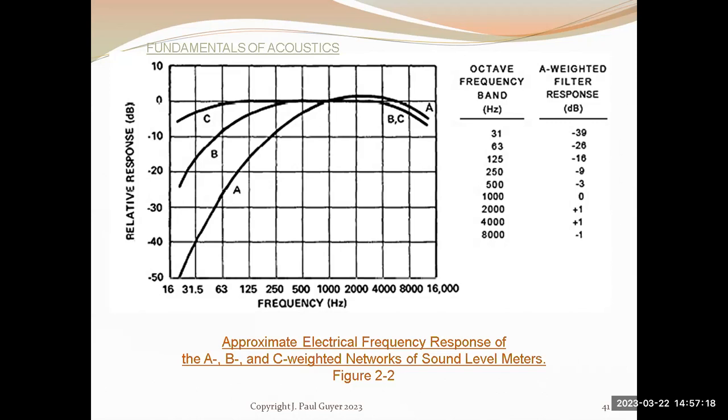And what you see here is with the A setting on this ABC knob, the sound level meter using these acoustic filters filters out quite a bit of the sound that it perceives below about 1,000 hertz.